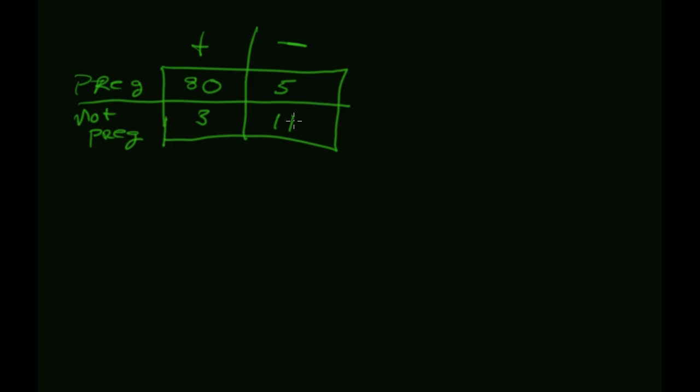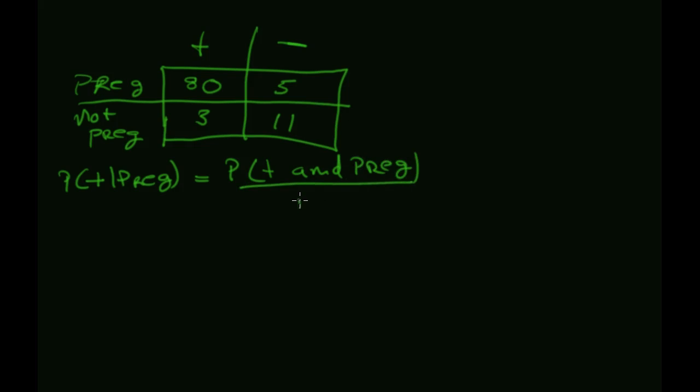and test negative. All right, so let's say we want to calculate the probability of someone who is pregnant getting a positive test. So this is the probability of being positive given pregnant. So according to our rule here, this should be the probability of positive and pregnant over the probability of pregnant.